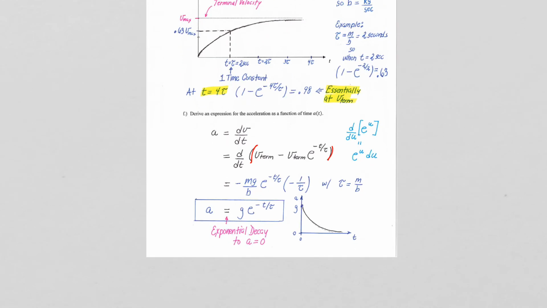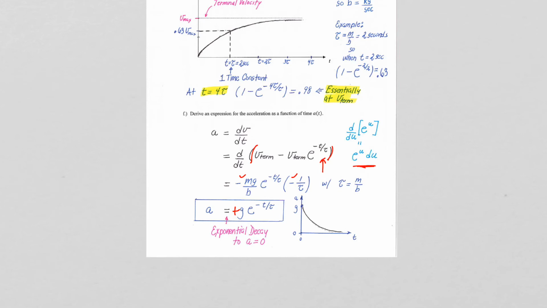Derivative of e to the u is e to the u du. So we do have to take the derivative of the negative t on tau, which gives us a negative 1 on tau. The two negatives here give us the positive out front. So tau is m on b, so we lose both the m and the b.